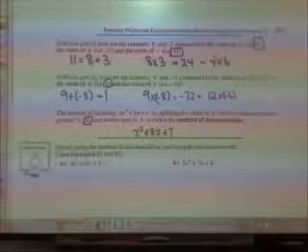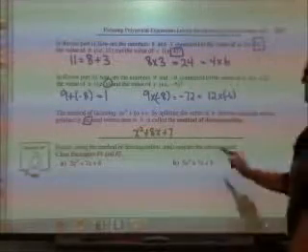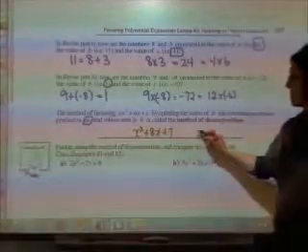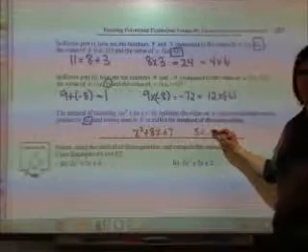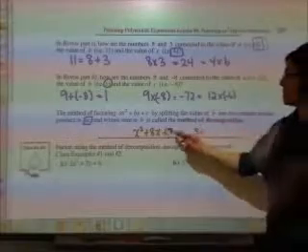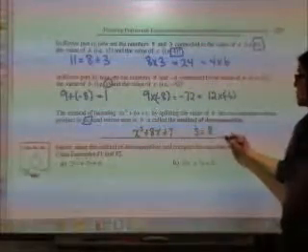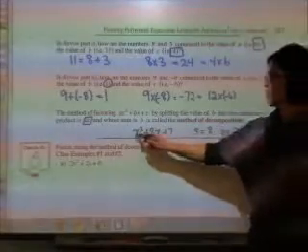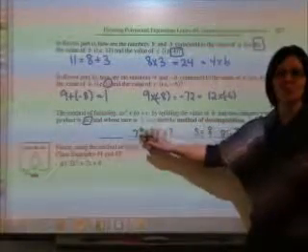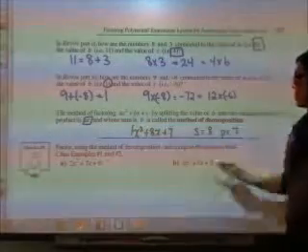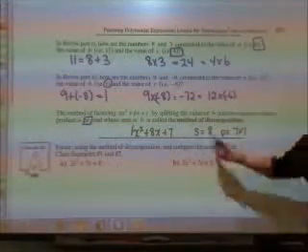What would my sum and product this time be? 7 and 1. My sum would be 8. And what would my product be? What's the coefficient in front of the x squared? 1. So can I still put 7 times 1? Yeah.